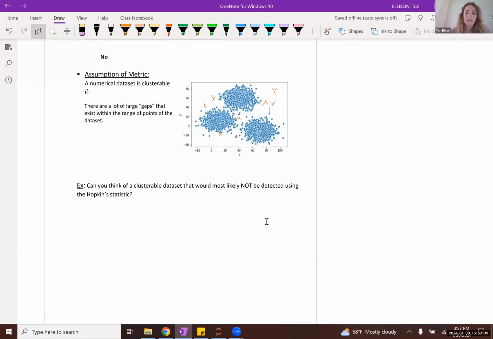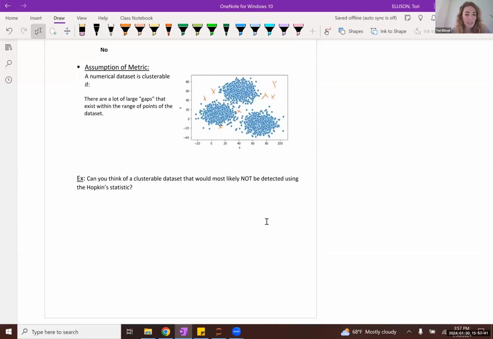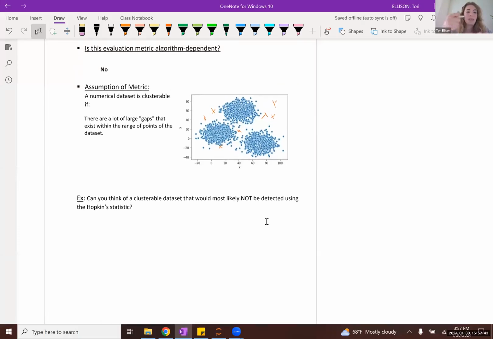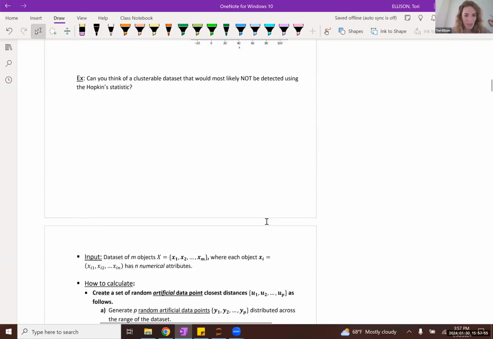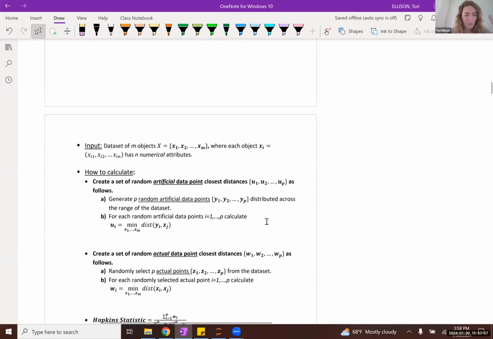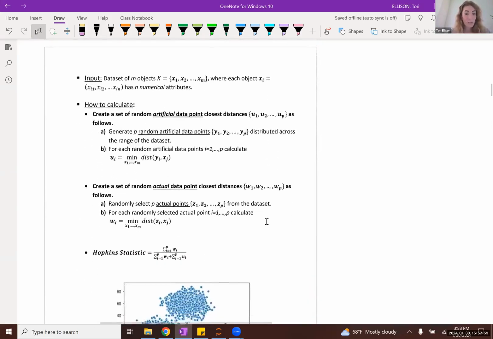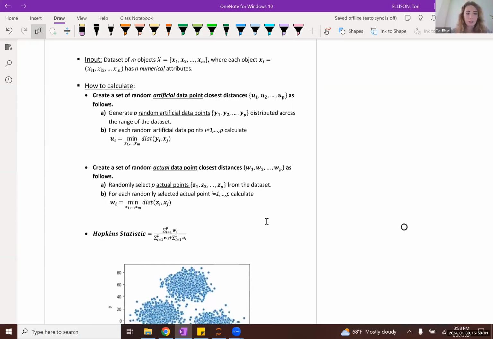Try to think about clusterable data sets that this assumption would not be able to detect as clusterable, and then also try to think about unclusterable data sets in which this metric would actually say that the data set is clusterable. So kind of keep that in the back of your mind. But let's go into how this Hopkins statistic is actually calculated first.